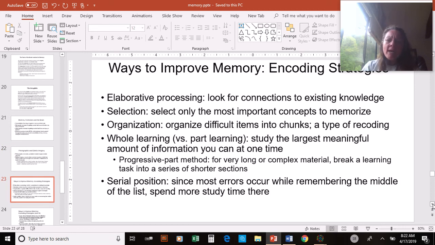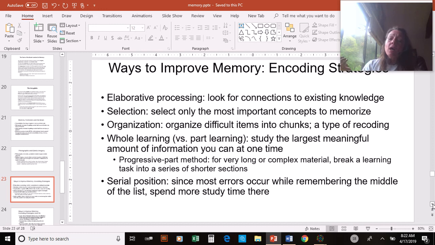So, ways to improve memory. Of course, we said, elaborative processes, making those connections, making those associations. Another way that we improve our memory is by selection. So, we just find one important aspect of that information to memorize. Then, of course, like we said, we have that idea of schemas, idea of chunking.